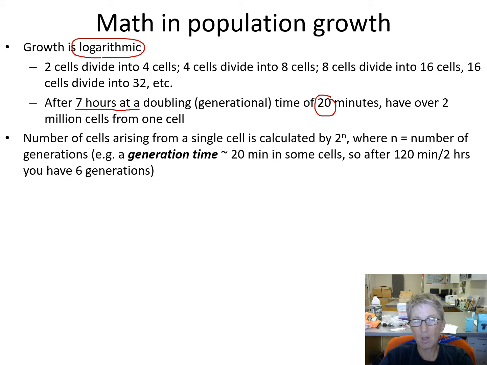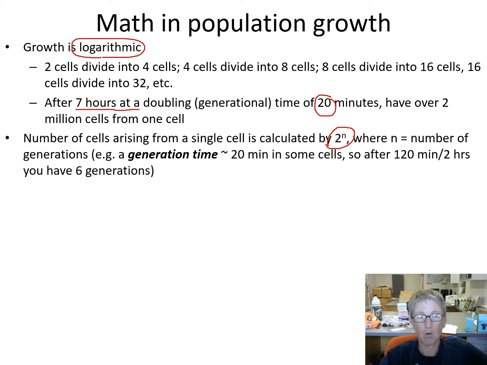The number of cells arising from a single cell is calculated by 2 to the n, where n is the number of generations that you have. And that's generation time. For example, the generation time in some cells is 20 minutes.